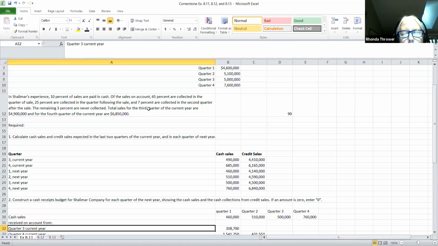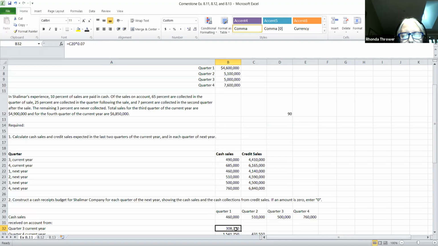The 7% would be collected in the first quarter of the next year. And so right here, we're looking at quarter one. So 7% of the credit sales in quarter three of the current year are going to be collected.